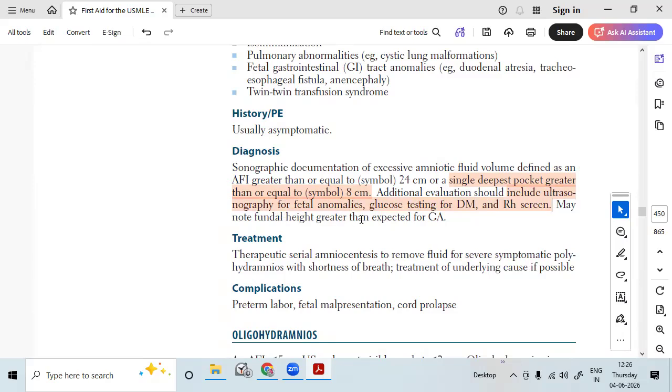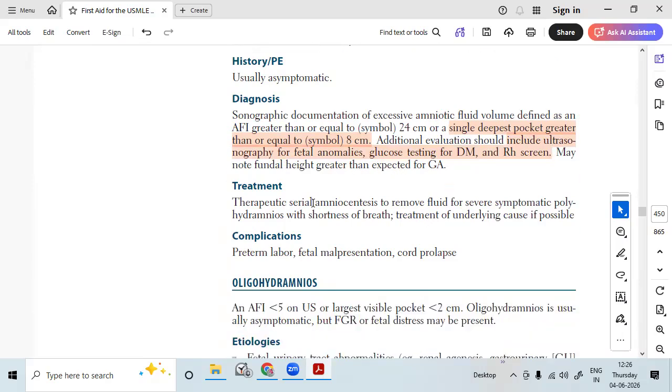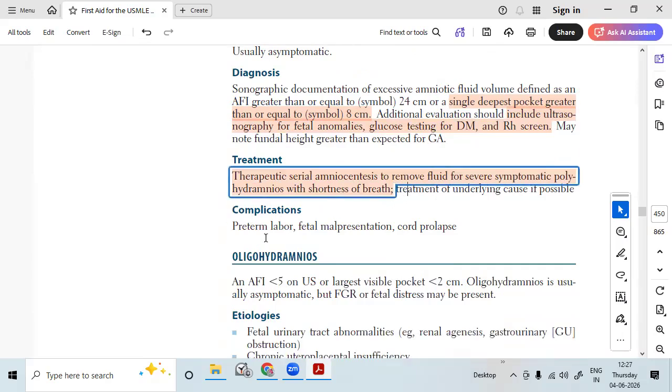May note fundal height greater than expected for gestational age. Therapeutic serial amniocentesis can remove the fluid for severe symptomatic polyhydramnios with shortness of breath. And you need to treat the underlying cause, of course. Complications, because there's a lot of stretching: this might lead to preterm labor, fetal malpresentation, and cord prolapse.